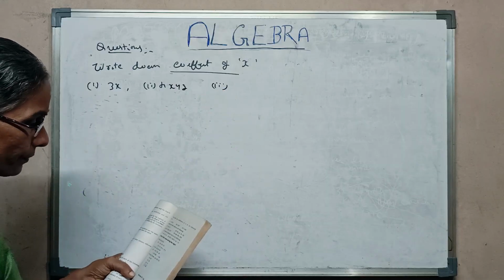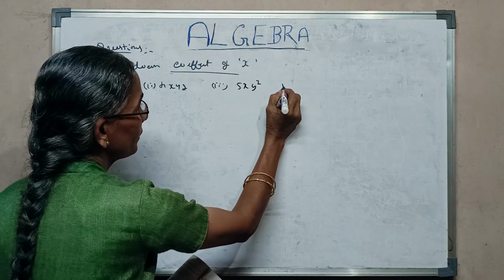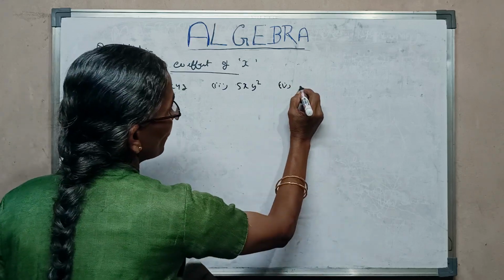Third question is 5xy square. And fourth question, minus 4ax.